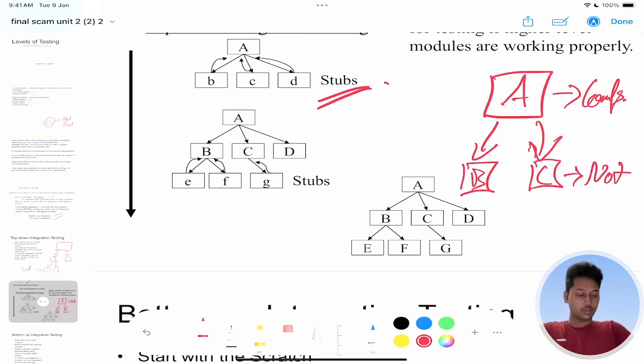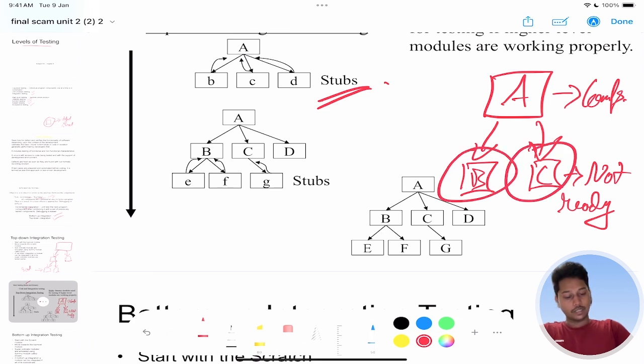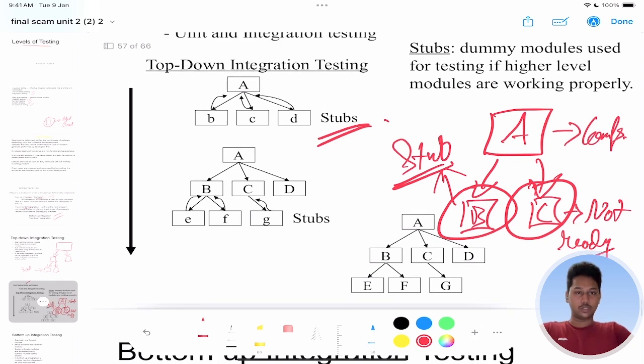Not ready. So in place of B and C, we'll use stubs. Stubs are replacement dummy modules used when B and C modules are not completed. We'll use a stub in place of them.